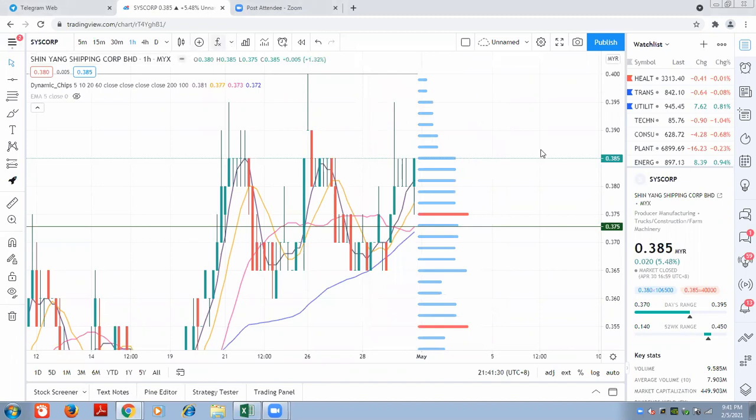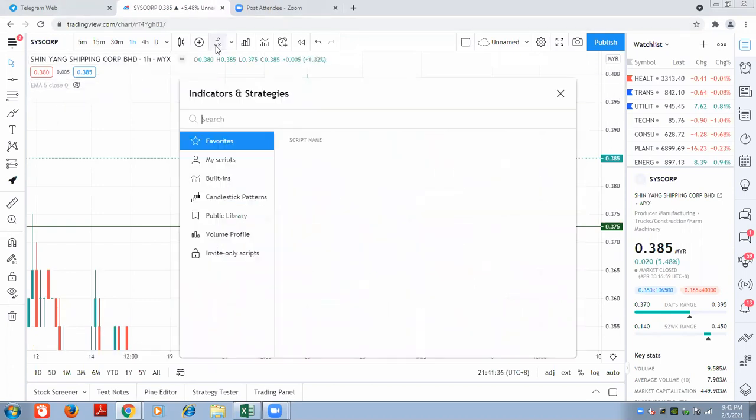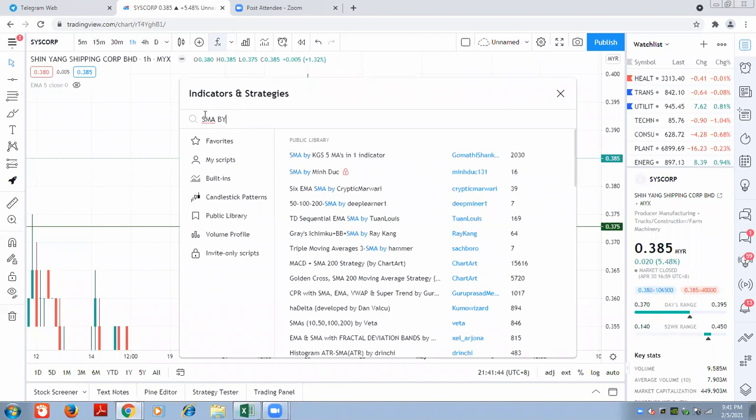I clear my chart first. All right, so go to the FX, write down SMA by Vita. We have SMA by Vita. Okay, this one, SMA by Vita.